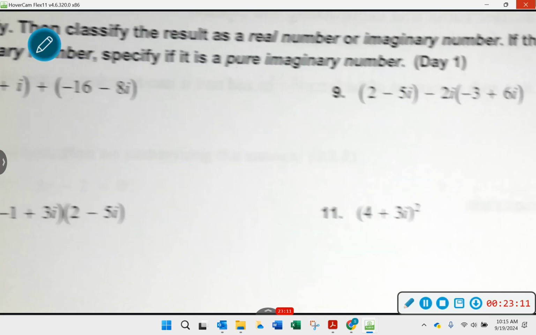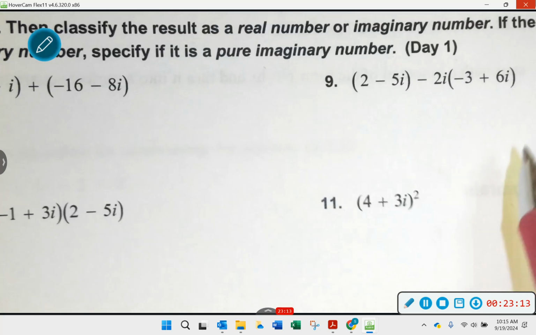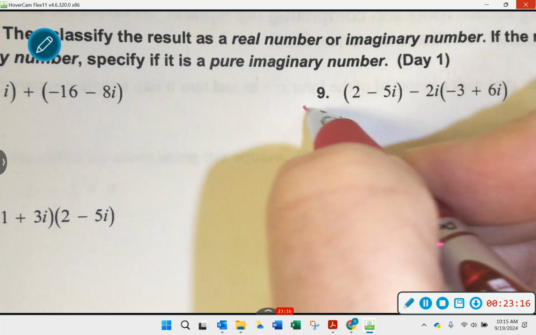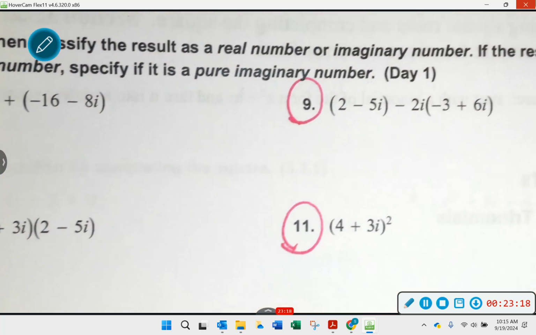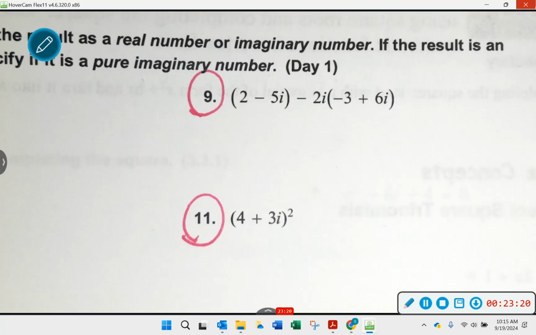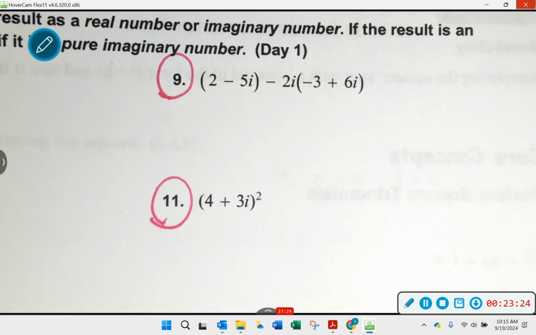I would like for everyone to try numbers 9 and 11. If you get stuck, I will be working them up here, but I want you to try it on your own.